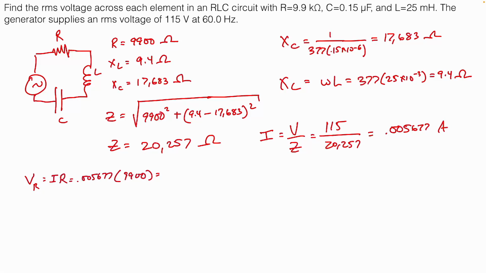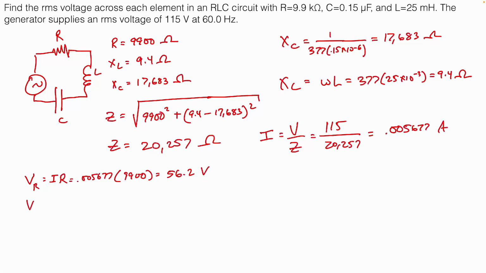And I got 56.2 volts. All right, so we're done with that.